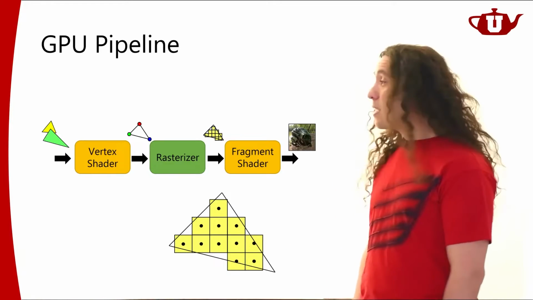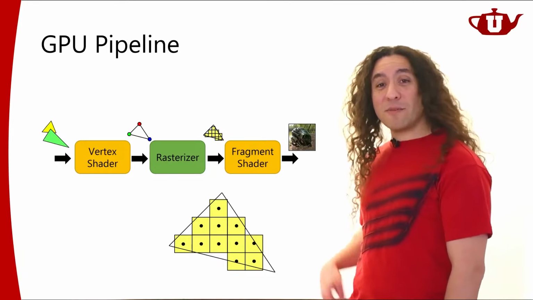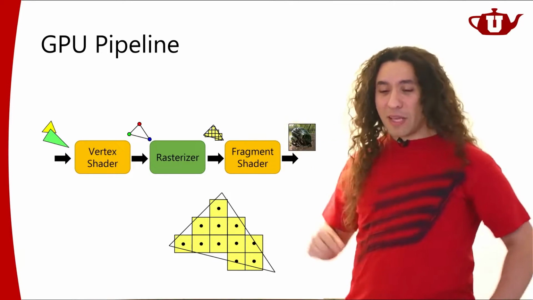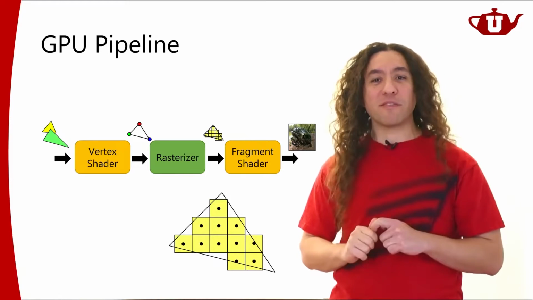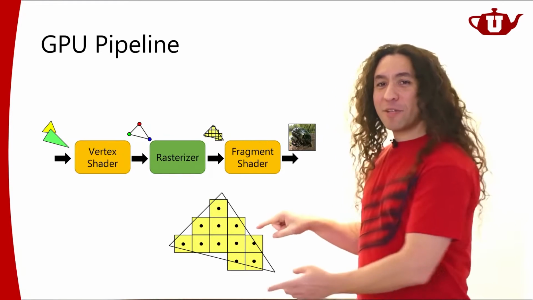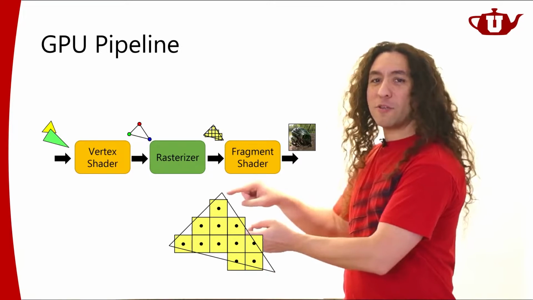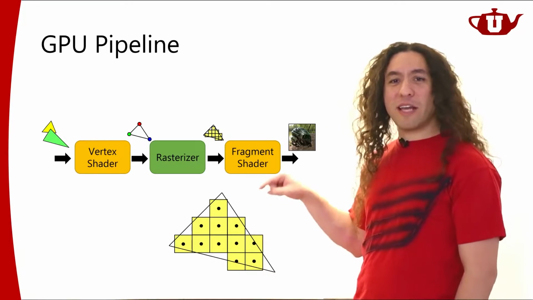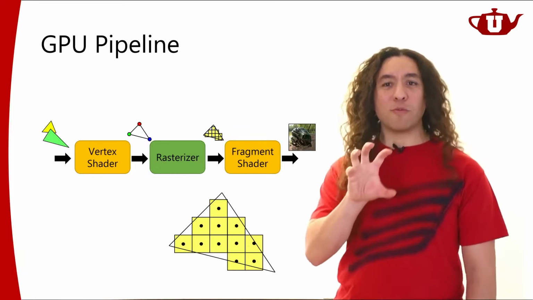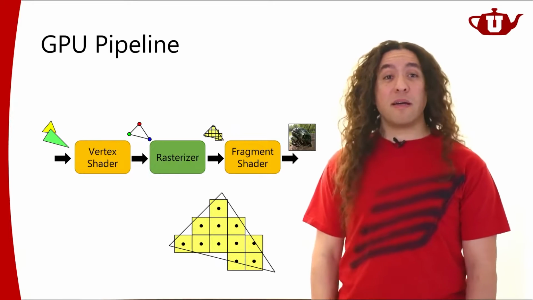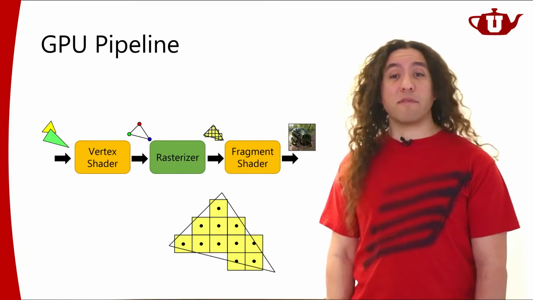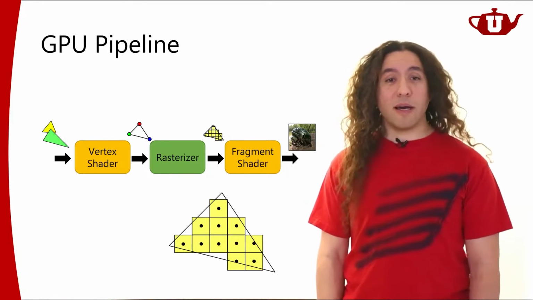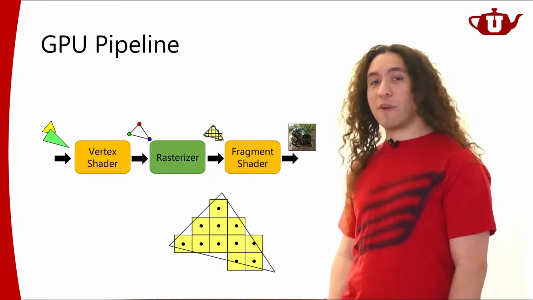So what ends up happening is that the rasterizer here will generate 2 by 2 pixel fragments. So there's going to be a 2 by 2 group, another 2 by 2, another 2 by 2. So if there's a fragment inside a 2 by 2 group, that entire 2 by 2 group will appear as a fragment. And whether or not our fragment shader is called for each and every one of those, that's another question. But at least those fragments are generated.